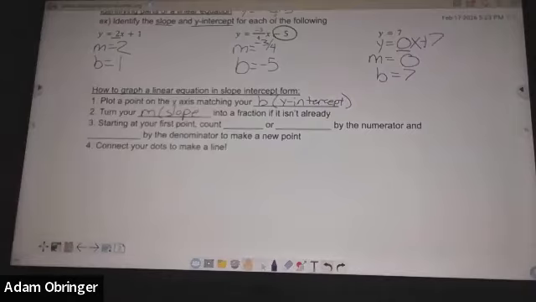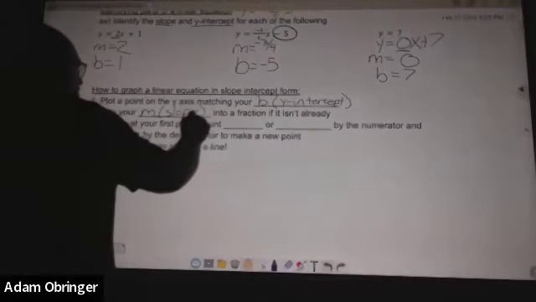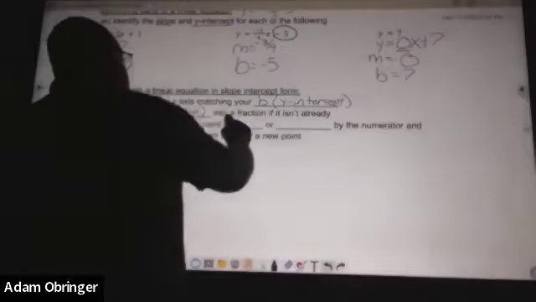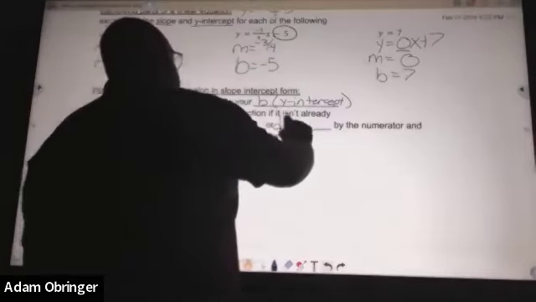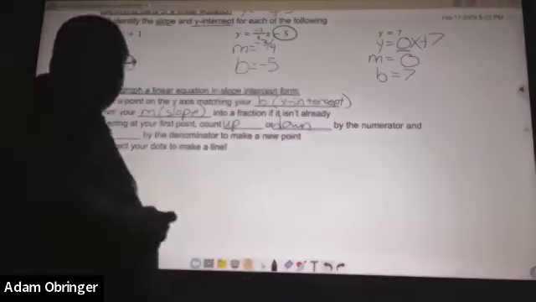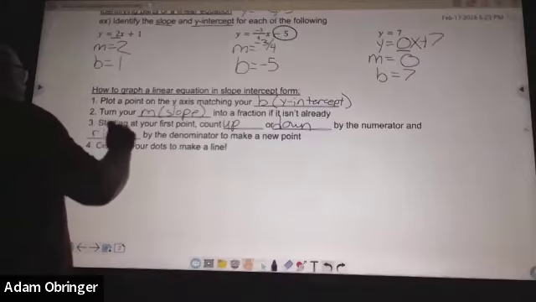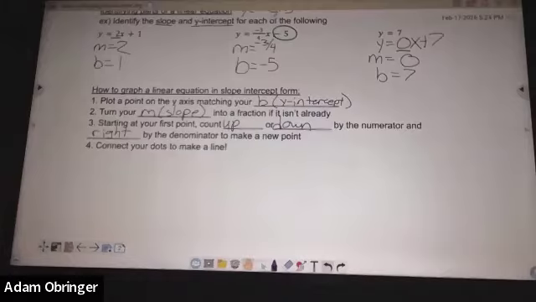So if it's already a fraction, you're good. You don't need to worry about it. But if it isn't yet a fraction, you need to make sure it's a fraction. Step 3, starting at your first point, count up or down by the numerator and right by the denominator to make a new point.